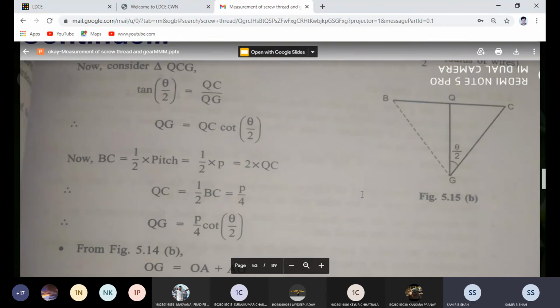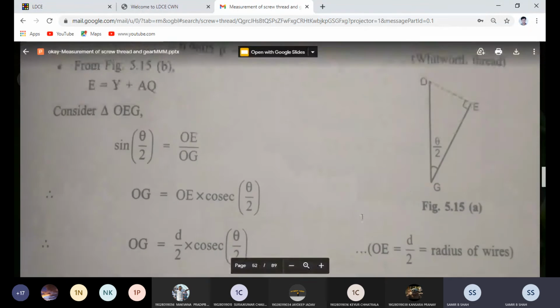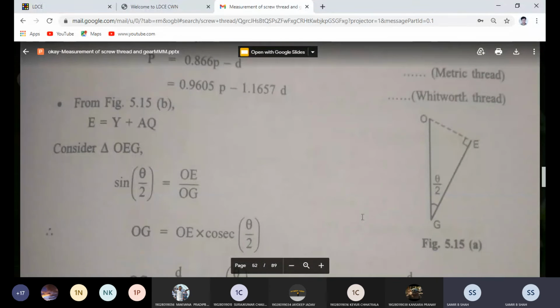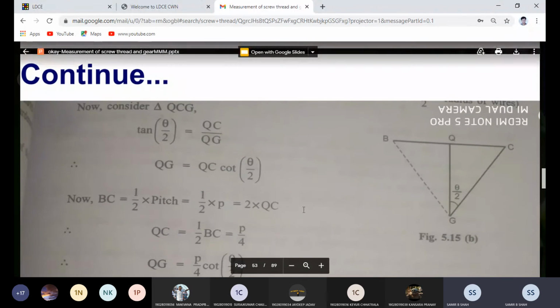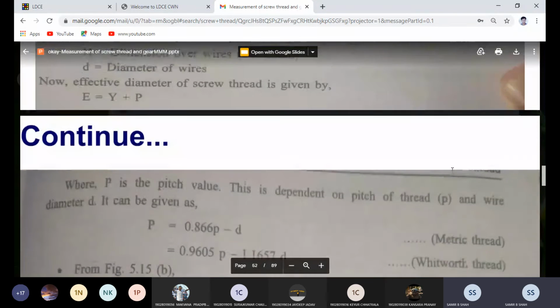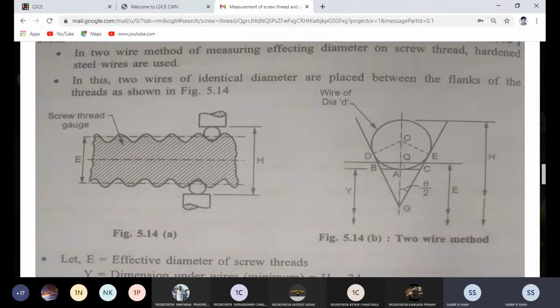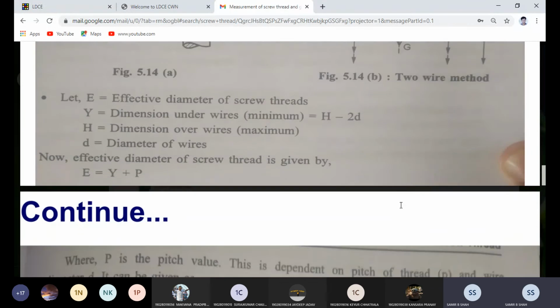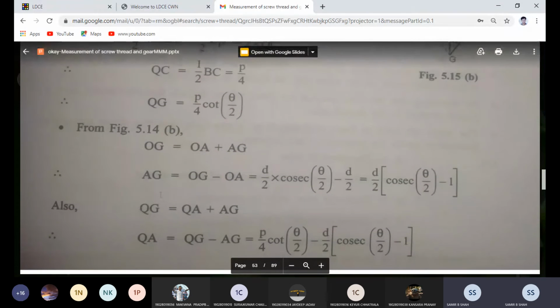I repeat once again, so everything is clear in your mind. Initially, we find OG. After that, we focus on QG, and then AG.